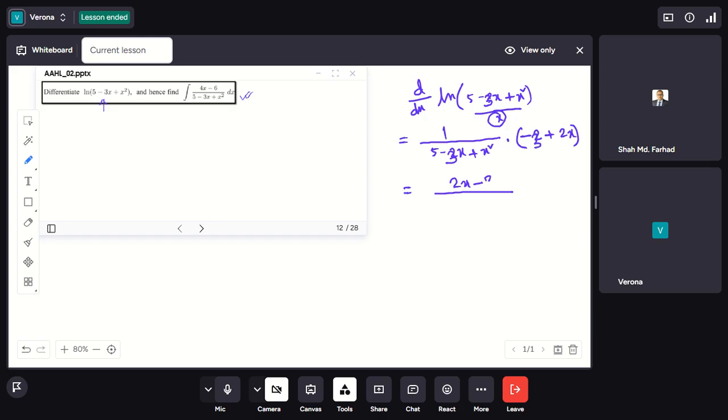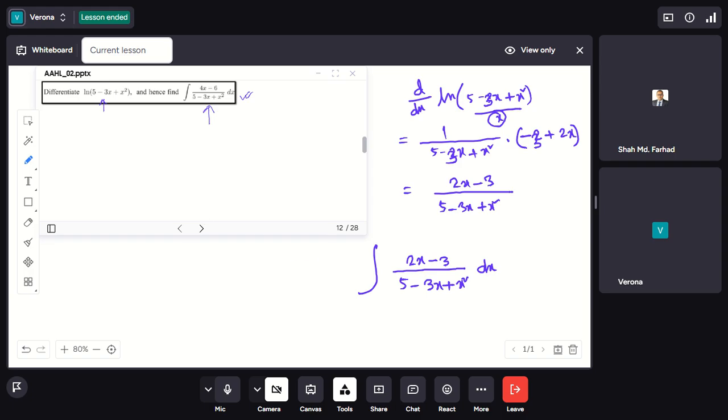So it will be negative 3 over 5 minus 3x plus x square. Now if we go for the integral, then we have 5 minus 3x plus x square, then 2x minus 3 dx.